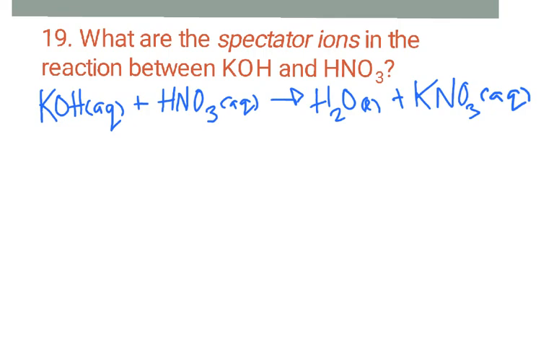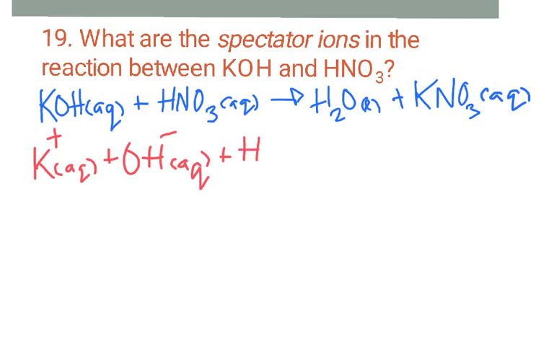This is a balanced equation, but you need to check right before you move on from the molecular equation to the ionic equation to make sure that it's balanced. Alright, so everything that is aqueous can dissociate. So you have K+ OH- plus H+ aqueous plus NO3-.